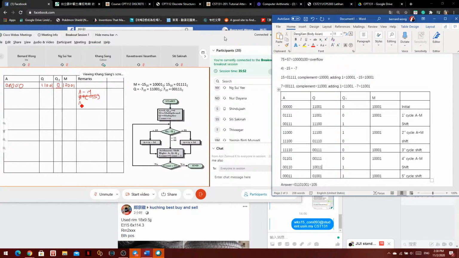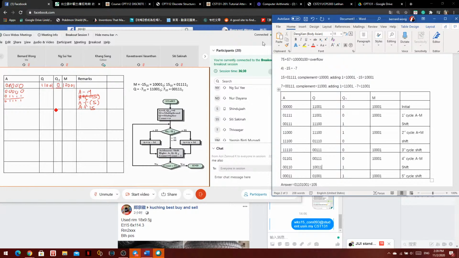So it's A minus -15, so eventually it becomes A plus 15. So A plus 15 is here already. Easily, you do 0,0,0,0,0 and then you add 15. 15 is 0,1,1,1,1. So your answer is 0,1,1,1,1.